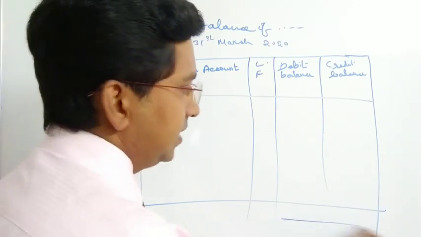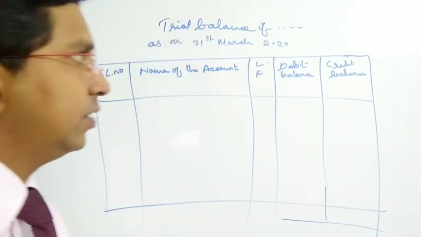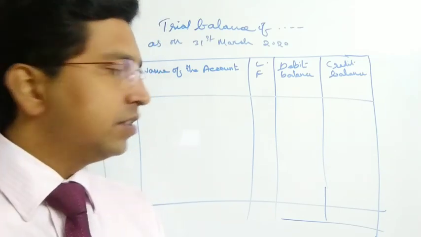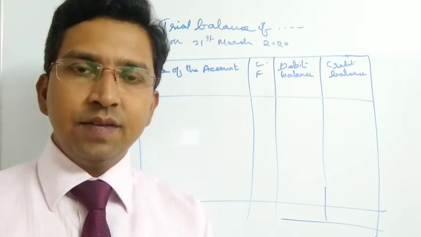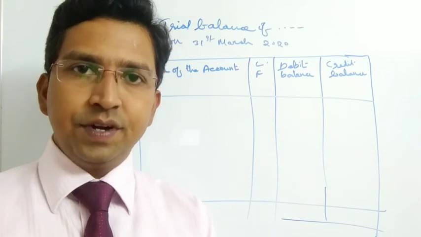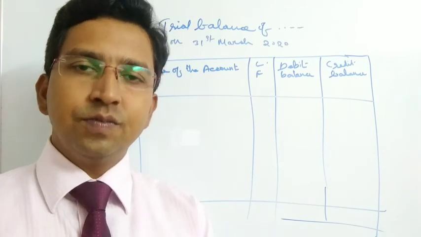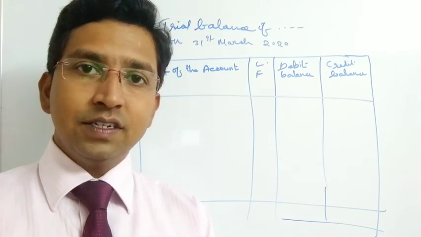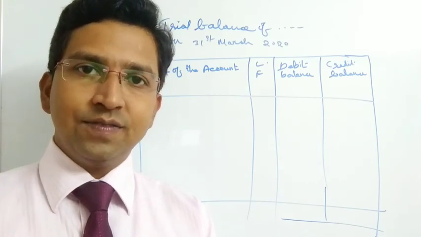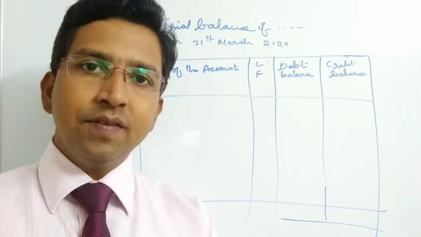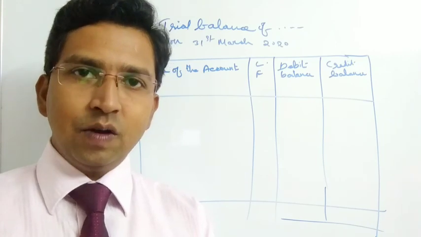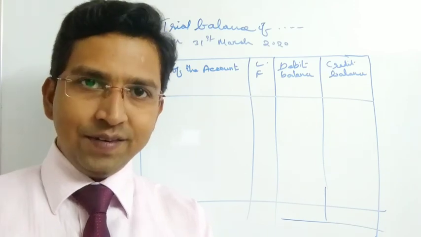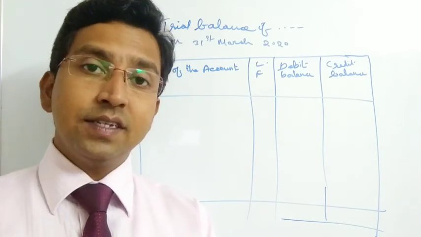Finally, it should be tallied. Both the debit balances and credit balances should be equal. If it is not equal, then we have to check back again the ledger preparation. If you find any errors, they should be rectified. Suppose the difference amount is not rectified, then temporarily, in order to prepare the final accounts, that difference amount is transferred to a temporary account called suspense account.